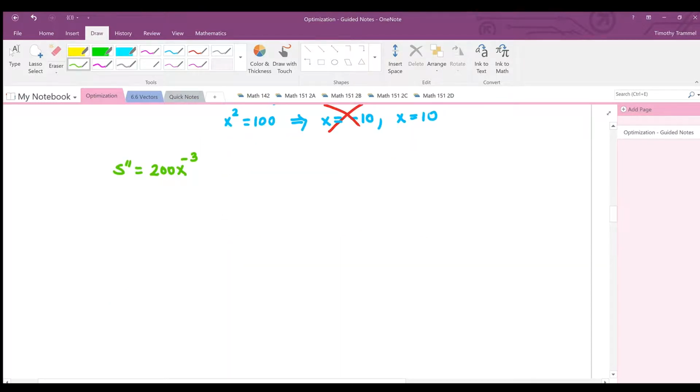There's something interesting about this second derivative. And that thing that's interesting is that if x is any number from 0 to infinity, then we know something about this second derivative. What is that?